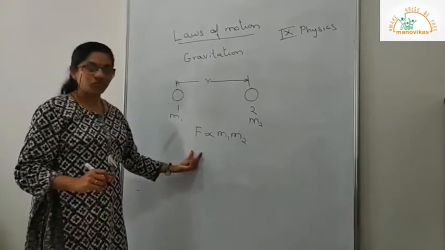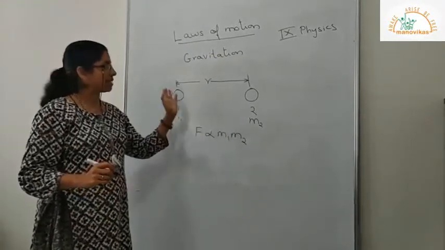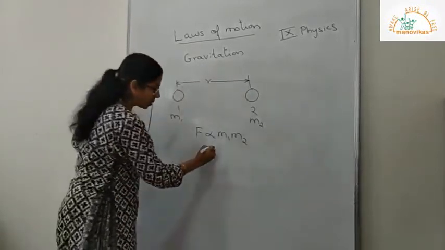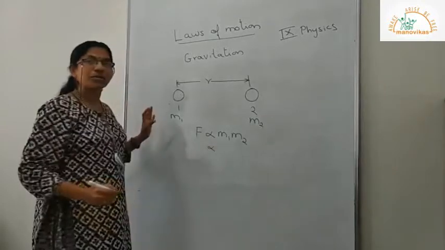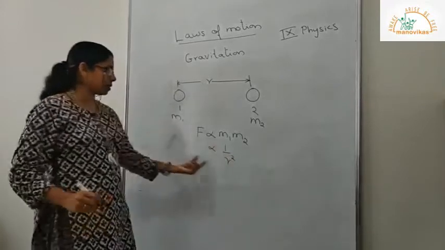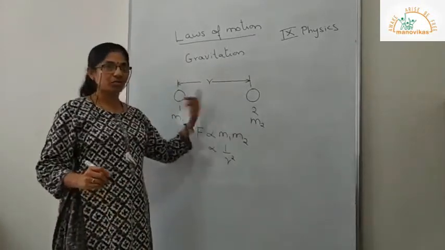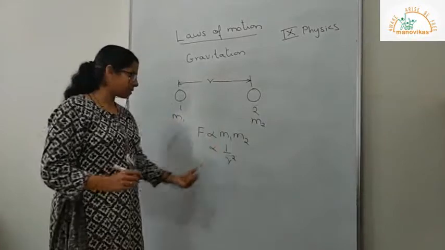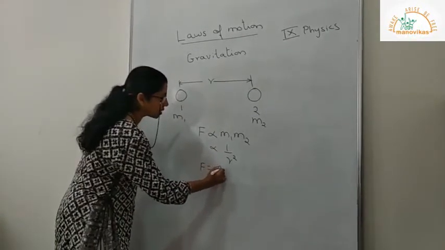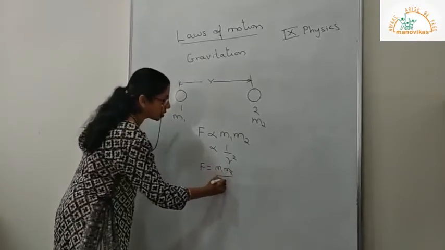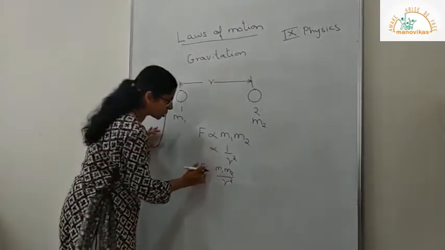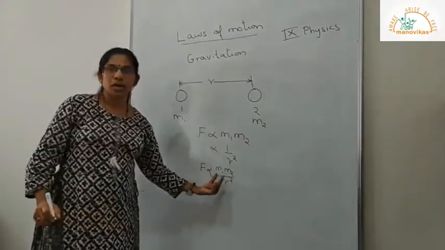And this same force of attraction is inversely proportional to the square of the distance between them, that is, proportional to 1 upon r square, where r is the distance of separation between both the objects. So when I combine this, I get F proportional to m1 m2 upon r square.